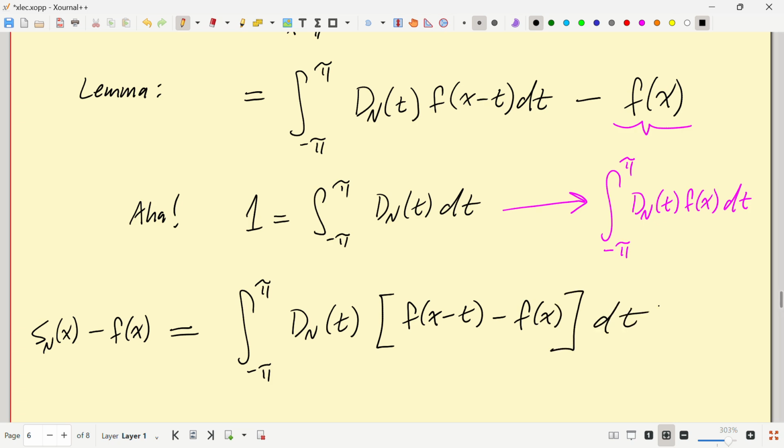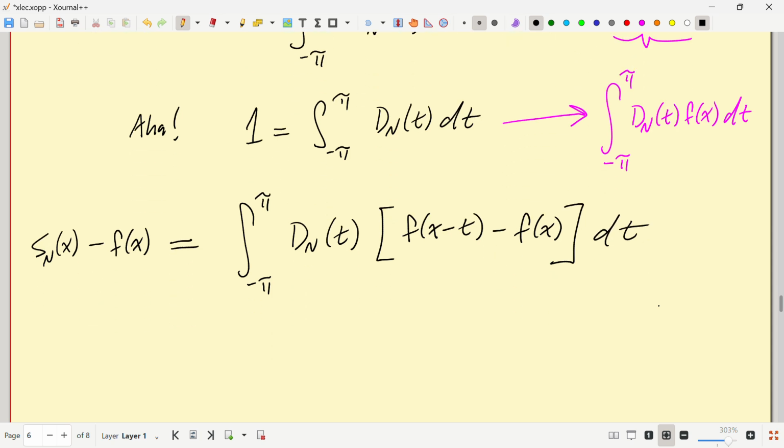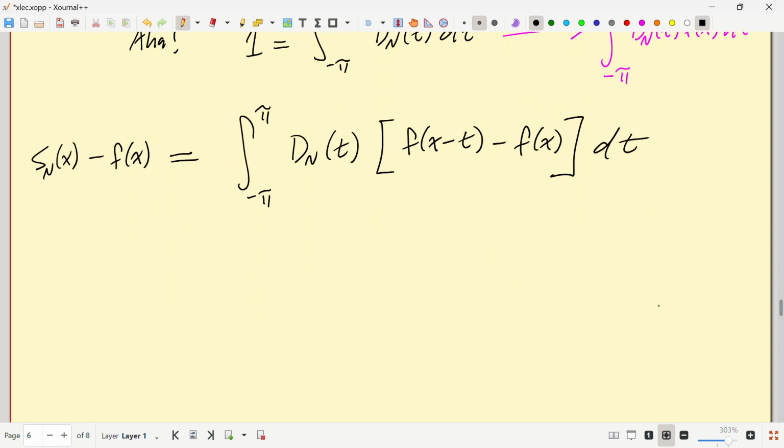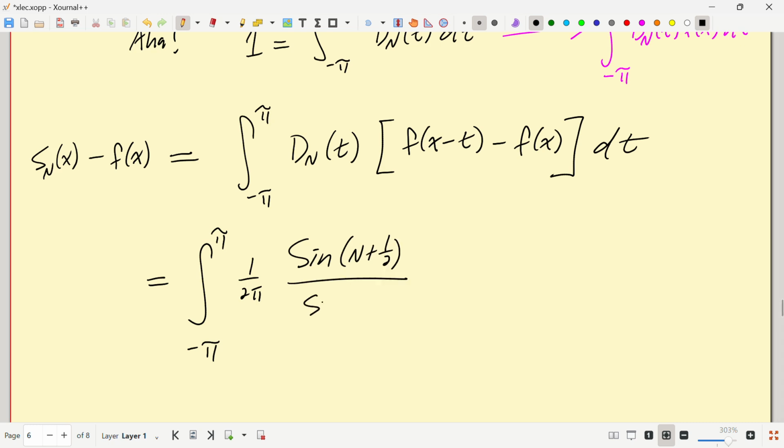So all I've done is rewrite this in a form that's something we can analyze. And I know what that Dirichlet kernel is. That's the integral from minus pi to pi of 1 over 2 pi, sine of n plus a half t, over sine of t over 2, times this thing.